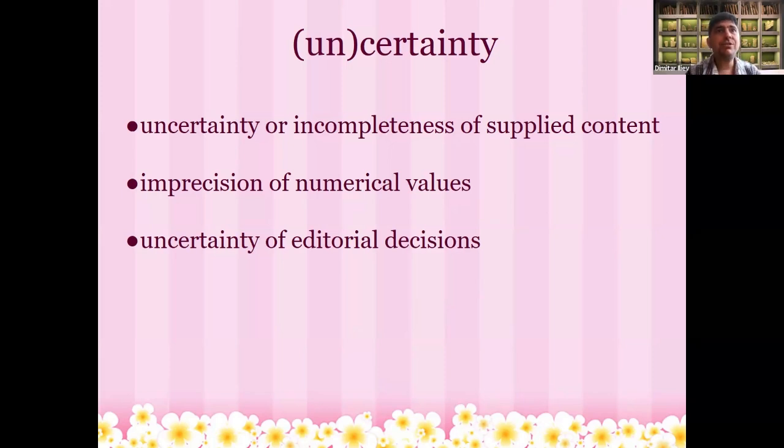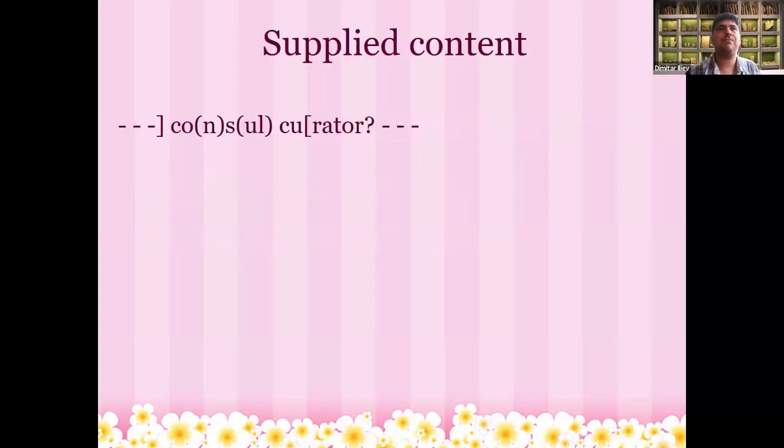There is the imprecision of numerical values. You can have something between at least 5, at most 7 centimeters. There is the uncertainty of editorial decision. So these are several different instances of uncertain information.